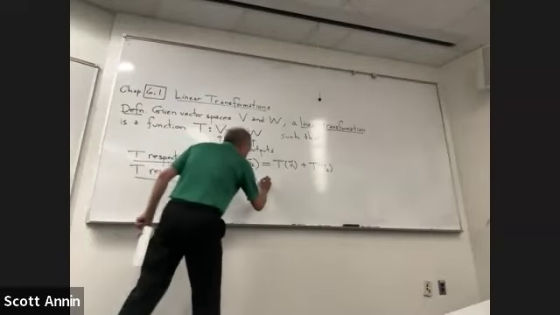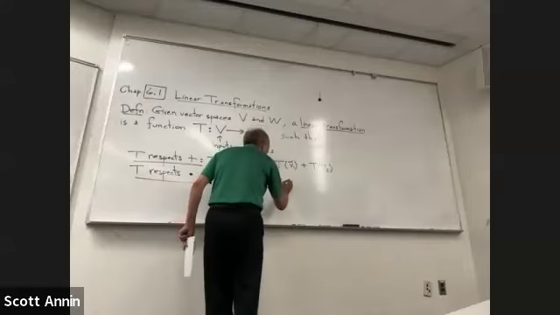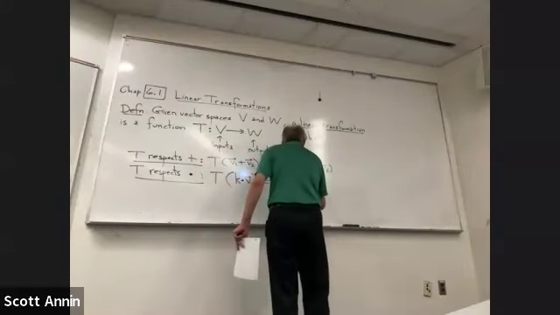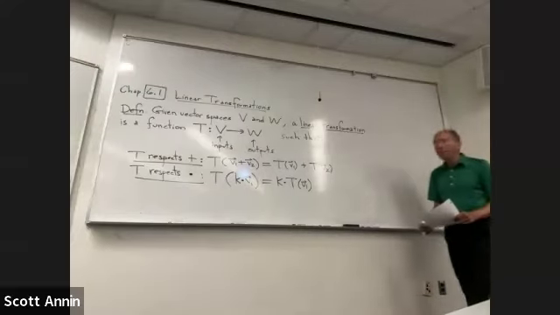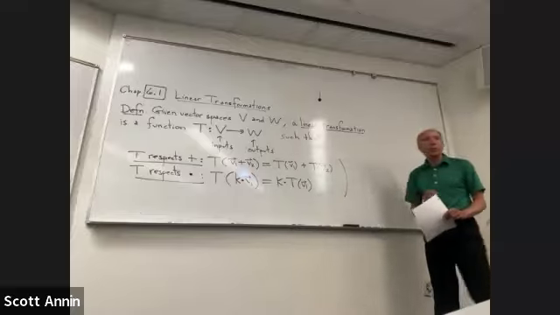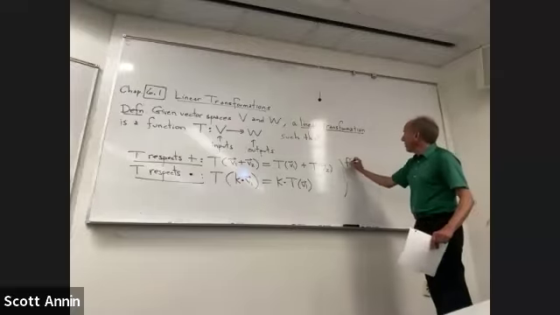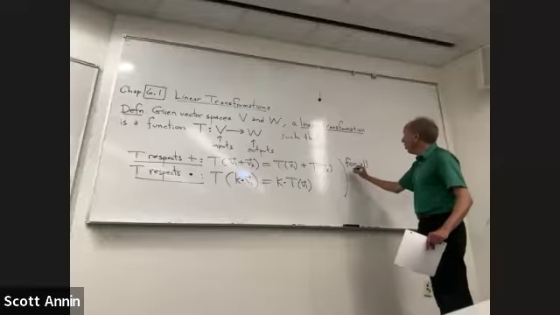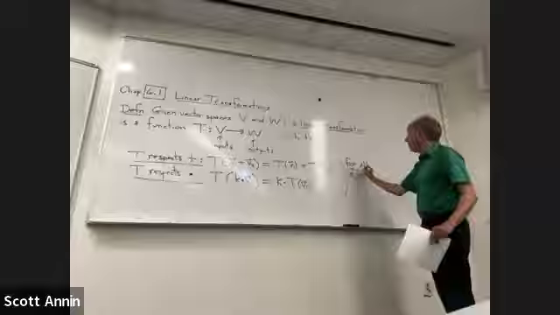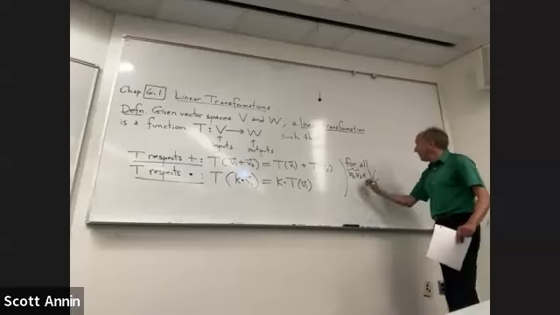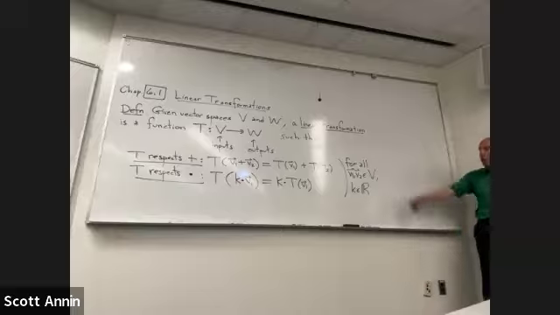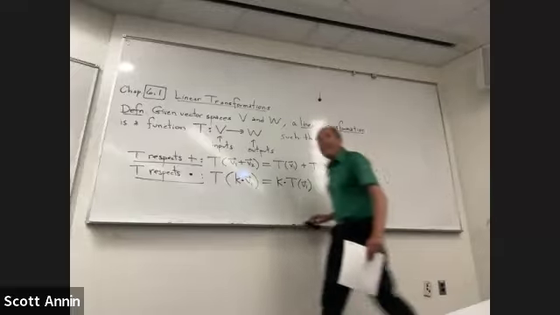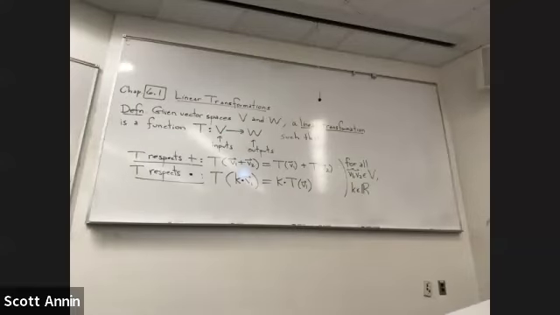And for T to respect that, we have to be able to pull the K all the way out of the whole thing: K times T of V1. So these are the two equations. And let me just add over here on this side, this is going to be for all vectors. So V1 and V2 are in V, and the scalar K is an element of the real numbers. So for all possible inputs V1 and V2, this should be true.